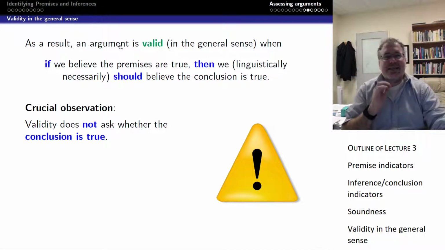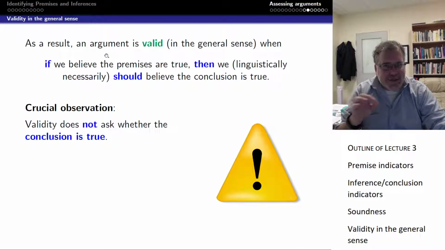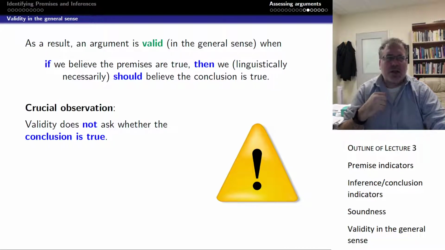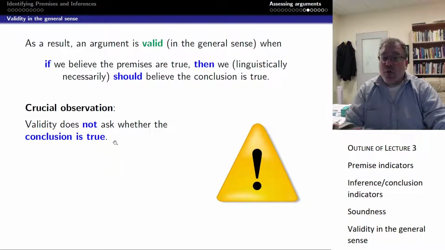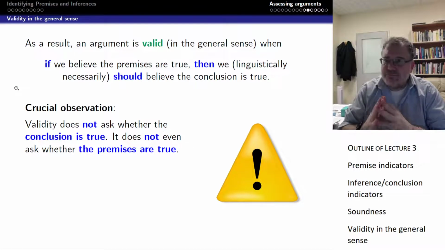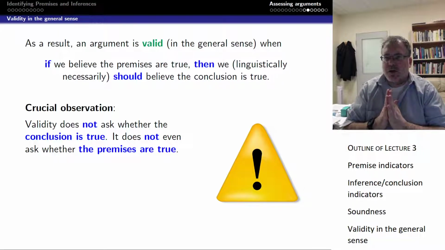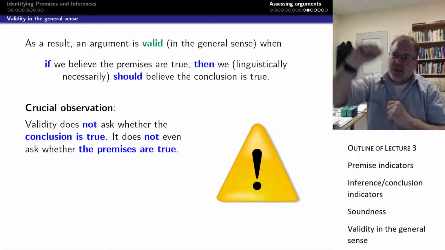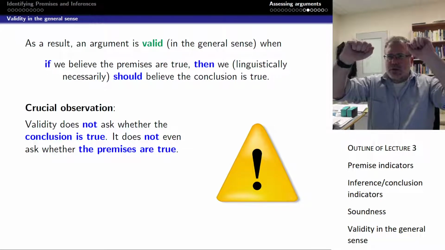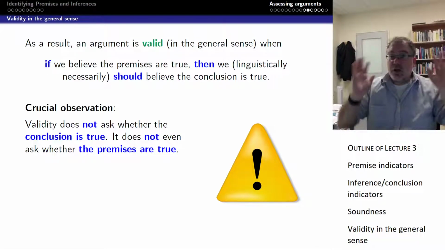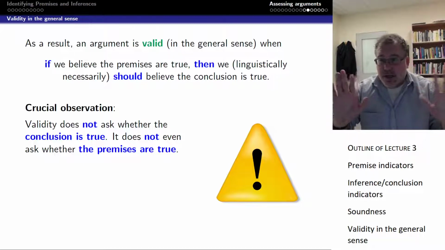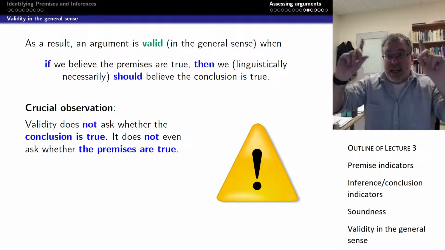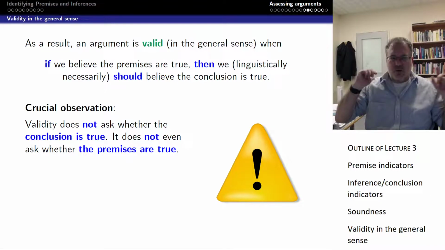So note that since this is a conditional definition, a conditional criterion, for an argument to be valid, it is not required that the conclusion is true. It is not even required that the premises are true. We're not saying, hey, the conclusion is true, the premises are true, so it's valid. No, we're just saying, maybe we're not going to take into account for now whether the premises are true or false, but if they are true, so is the conclusion.